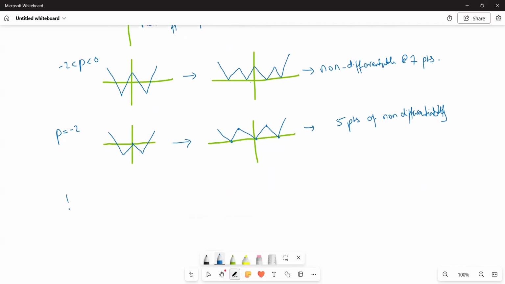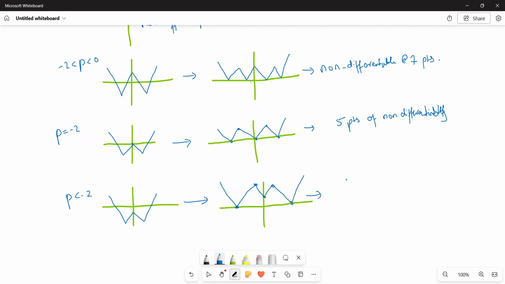And if p is less than -2, then the graph will go further down, which on mod transformation will look something of this form. In this case also we have 1, 2, 3, 4, 5 points of non-differentiability.